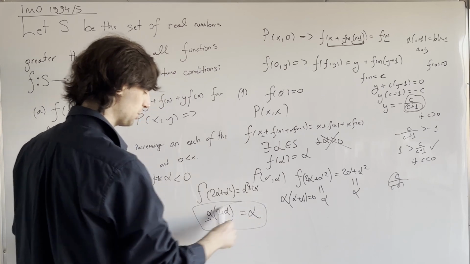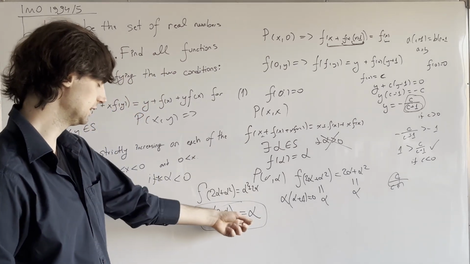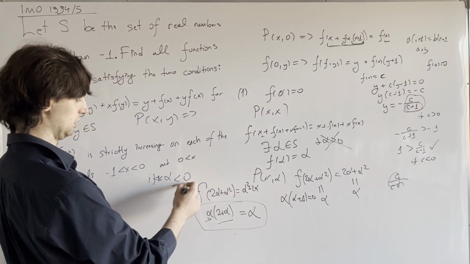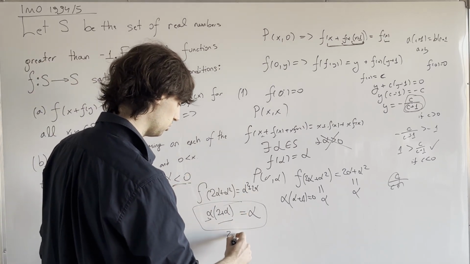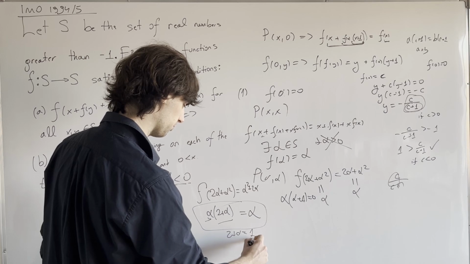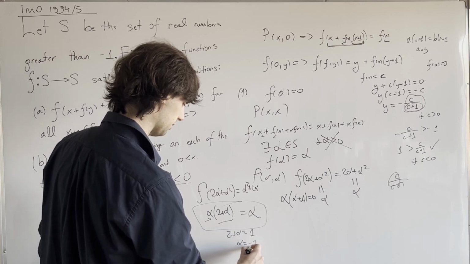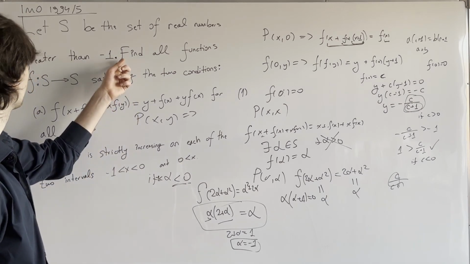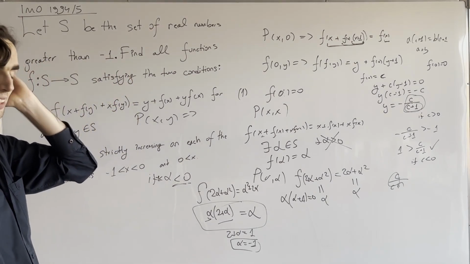So let's see, what do we have? We have this thing is equal, and from here we have alpha isn't 0, we assume it's negative. Then we have 2 plus alpha is equal to 1. Alpha is equal to -1, which is outside of the range, greater than -1.